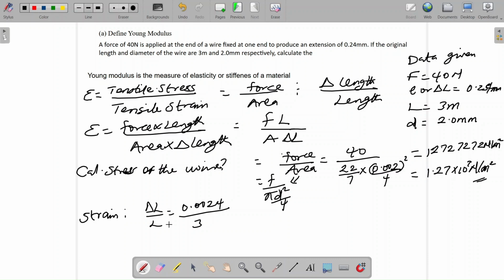Oh, sorry, this should be 3 zeros. So we have 0.00024, everything divided by 3.